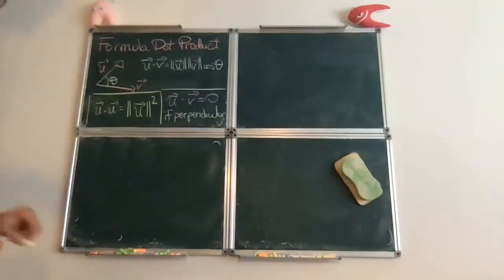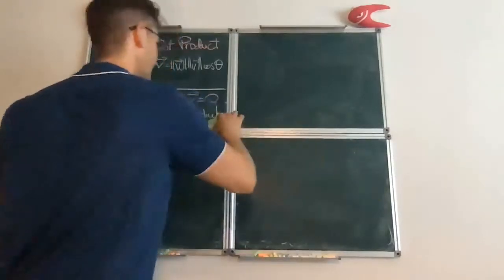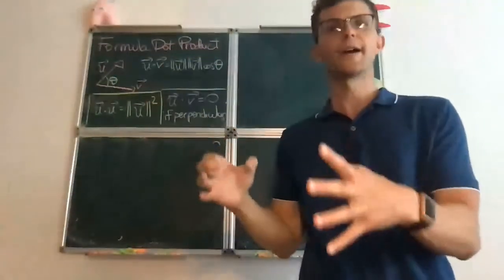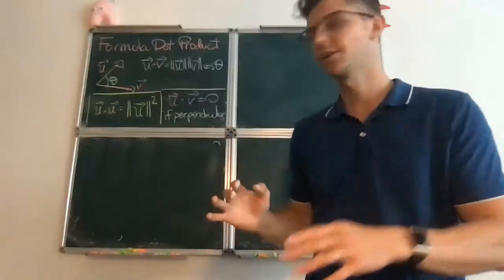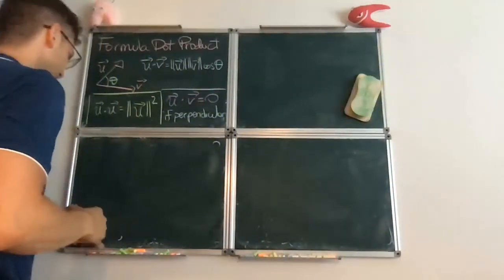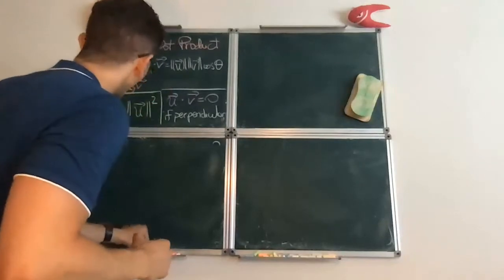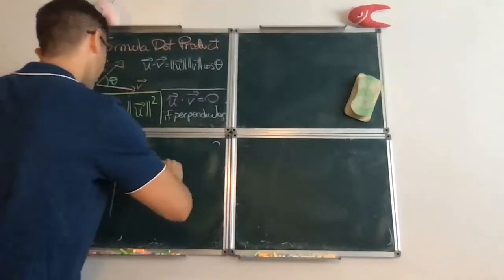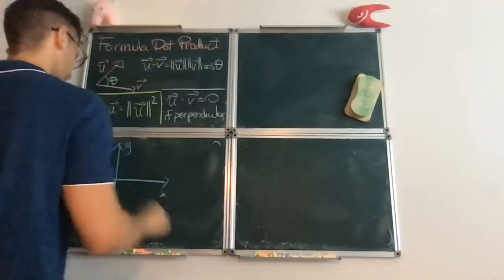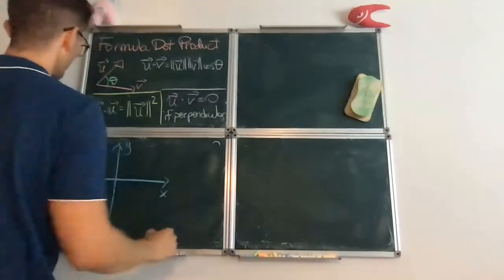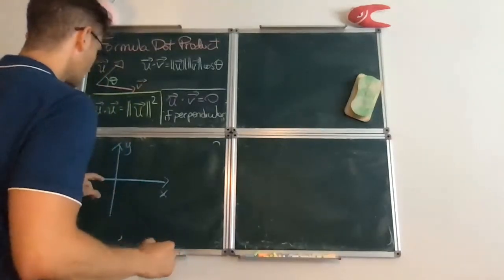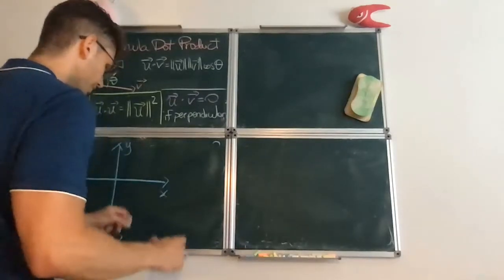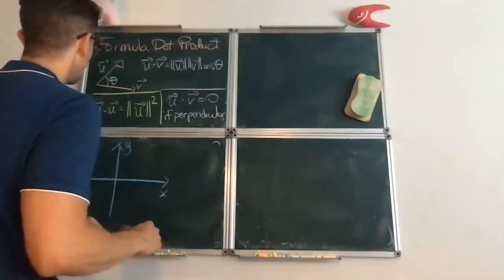So why are these two facts useful? Well, remember that when you want to do computations with vectors, it's useful to use a coordinate system. So let's use a coordinate system, and if you use a coordinate system, then you have, first of all, the two unit vectors that we have discussed in the past.